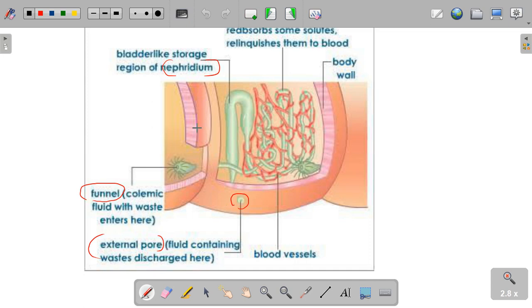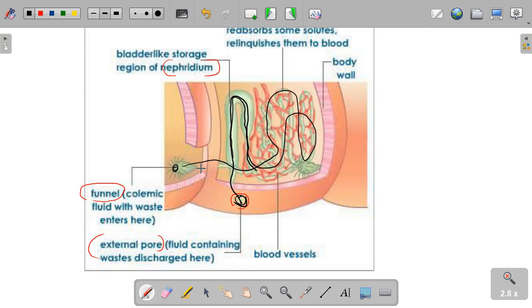You can see how the blood vessels are bathed among them. Okay, you can see this is the starting of the nephridia, continued all the way as this tubular structure, eventually ending out of the body. So they collect the waste and they throw it out of the body. Nephridium. Remember this very important 1 mark question.